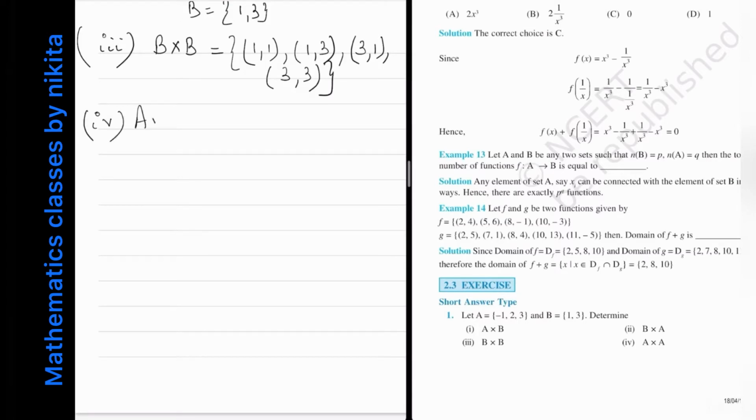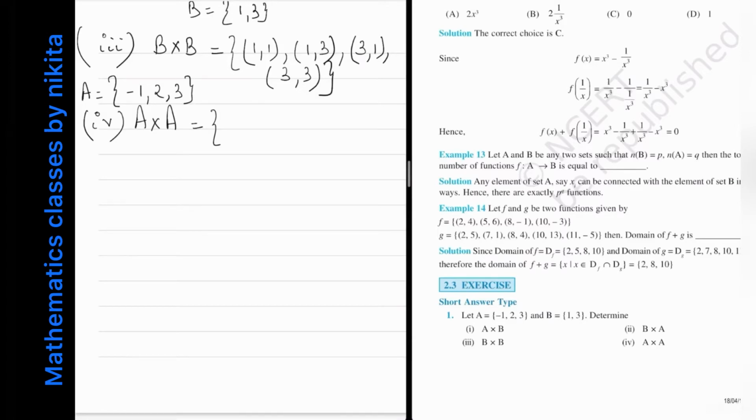In the fourth part you have to find A cross A. The cardinality of A is 3, so the cardinality of A cross A becomes 3 into 3, which is 9. I am writing the set A here: {-1, 2, 3}.